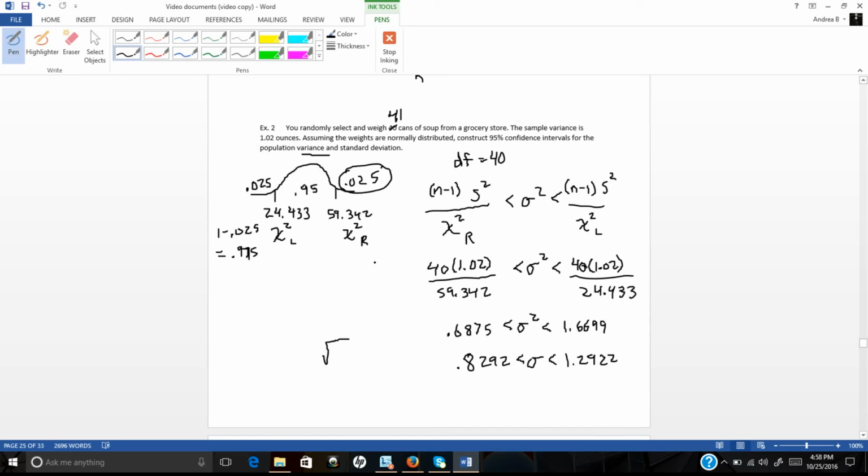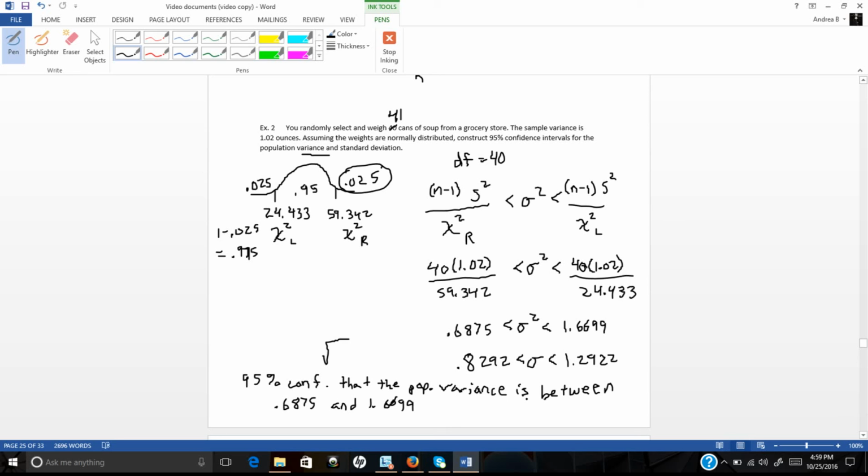So remember, in terms of interpreting, for instance in this case for the variance, you can say that you're 95% confident that the population variance is between those two values that you got here, between the 0.6875 and the 1.6699.